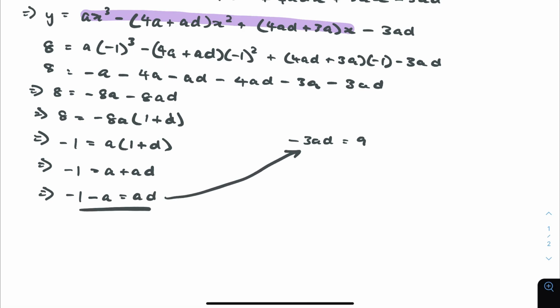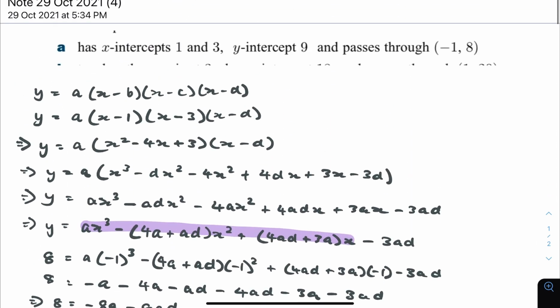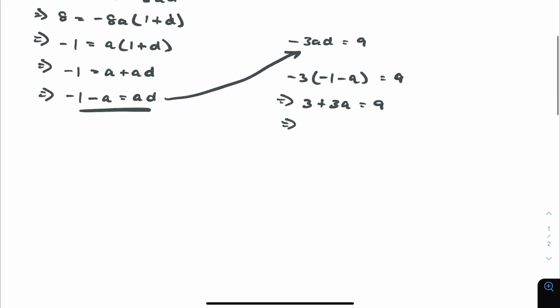We substitute ad as -1 minus a. So -3 times (-1 minus a) is equal to 9, which becomes 3 plus 3a is equal to 9. 3a is equal to 6 when you move it around. Then that means a is equal to 2.